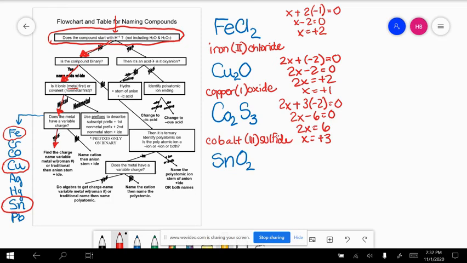So I've got to figure out what the charge on tin is in this compound. There's 1 tin that I don't know the charge of. There's 2 oxygens that are -2, and it adds up to 0. So x minus 4 equals 0. This is another one that if you decide you want to skip steps, you've got to be careful because there's 2 -2s in the back. So this is tin(IV) oxide.